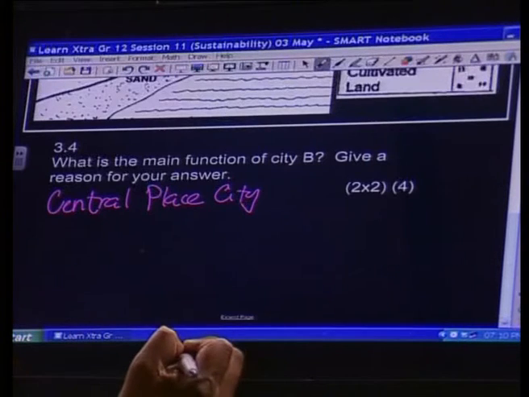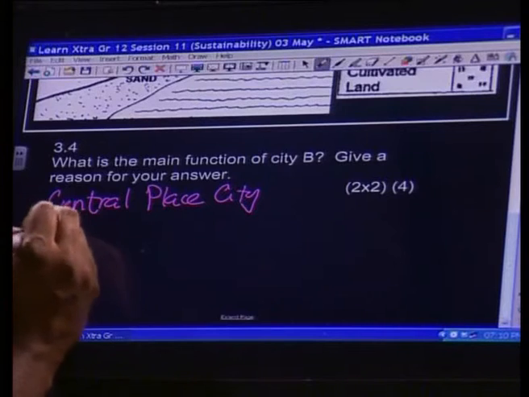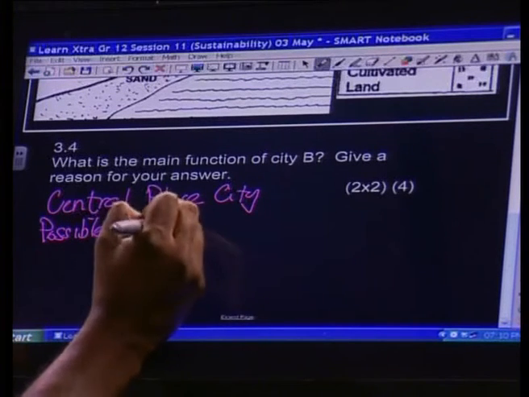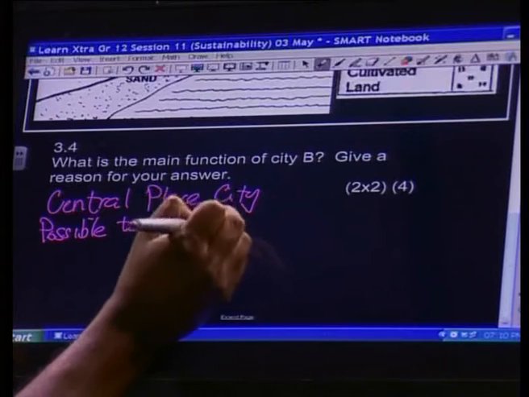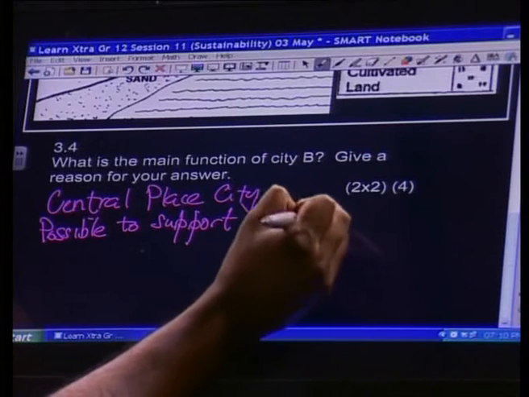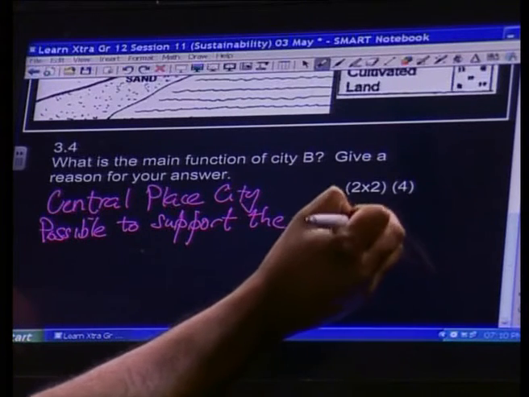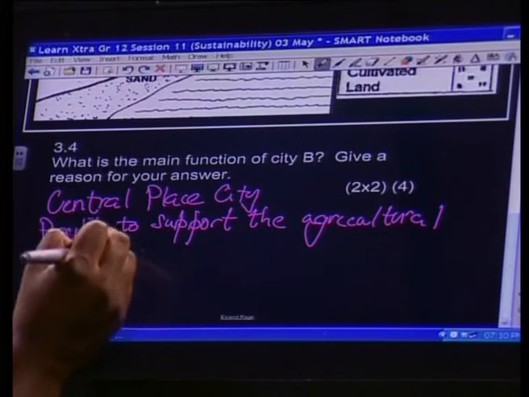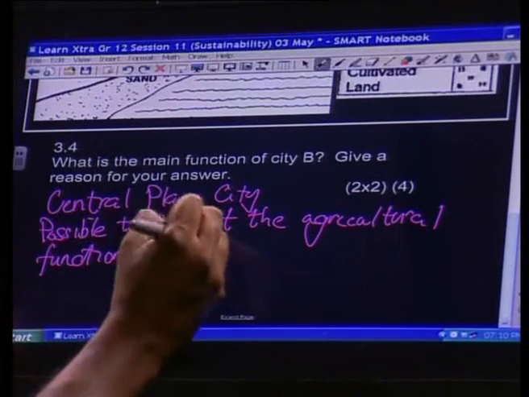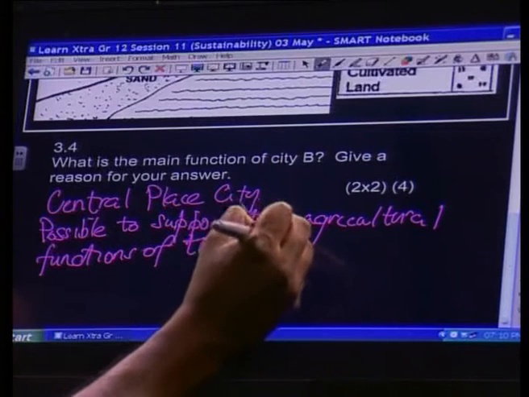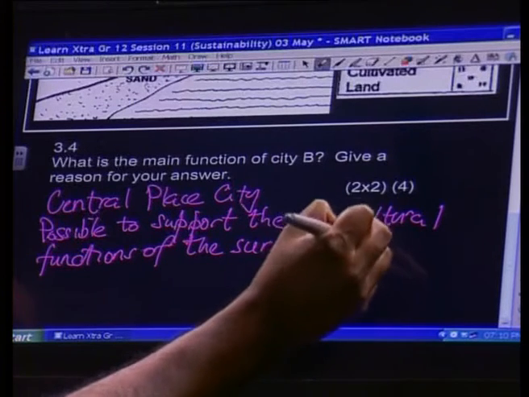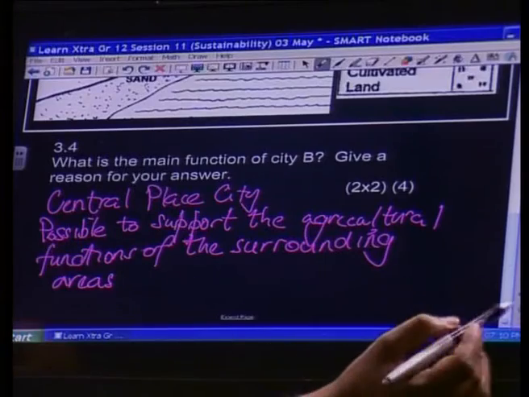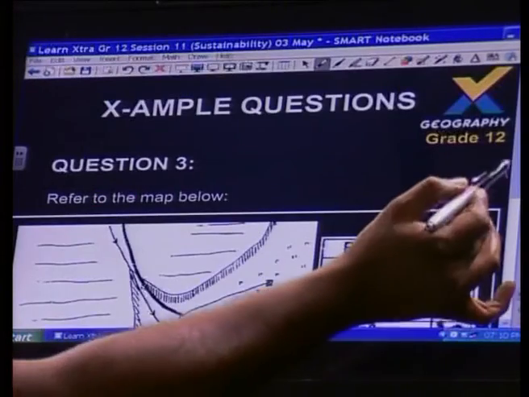Why? Possible to support the agricultural functions of the surrounding areas.